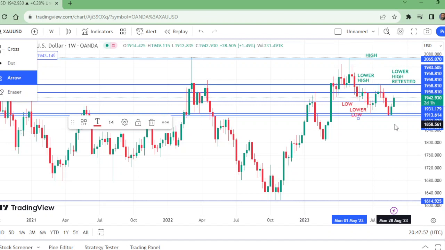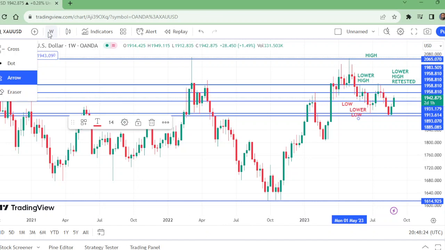But currently it is downward and it is high probability that the market will go up to this level, that is 1958 or so, I think. Near this level for a new lower high, then it will again come down and break this lower low.